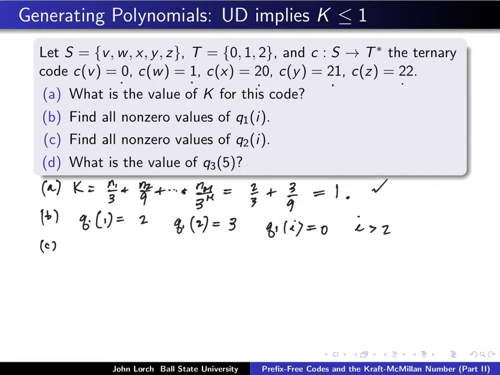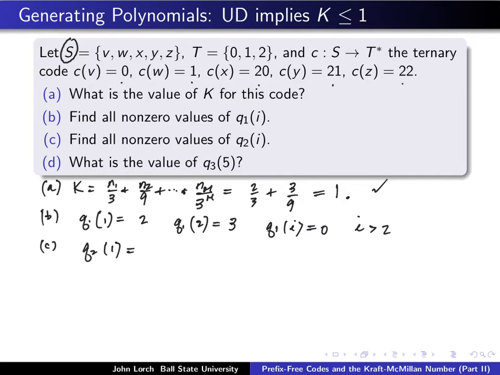Okay, moving on to part C, let's first start with q sub 2 of 1. So what is this? So what we're doing is we're encoding all of the messages of length 2 back in S star, like for instance, VW and XY, all messages of length 2, and we're going to count how many of those, when encoded, have length 1.